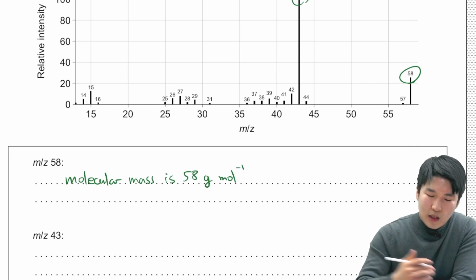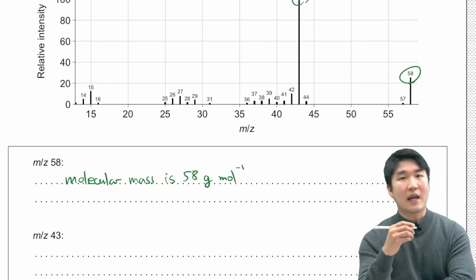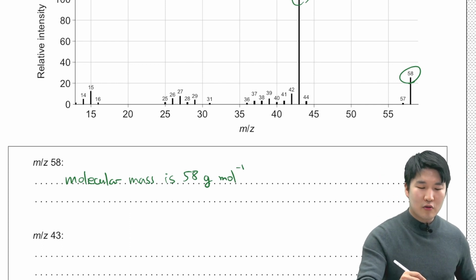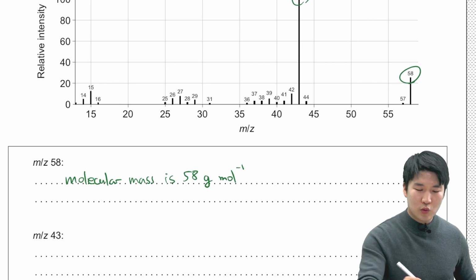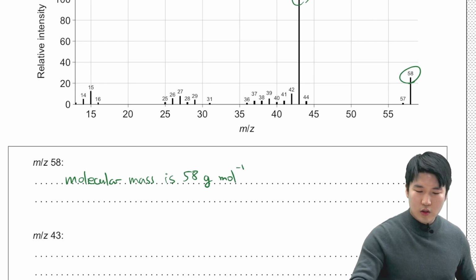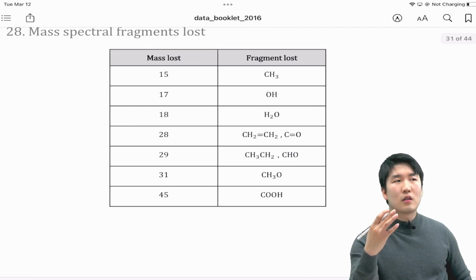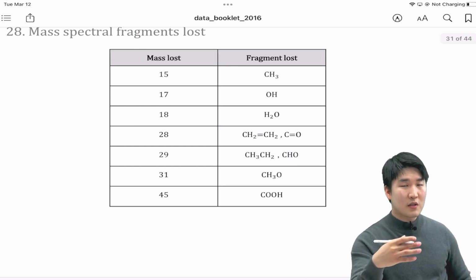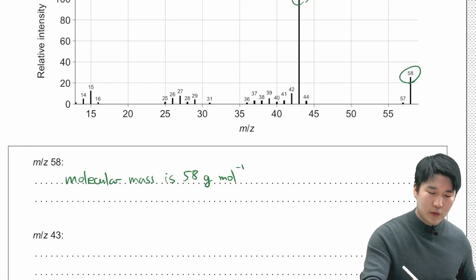Another high peak at 43 means that it's a fragment that has lost a mass to charge unit of 15, which corresponds to CH3. So CH3 fragments can be easily lost from our compound. CH3 lost.